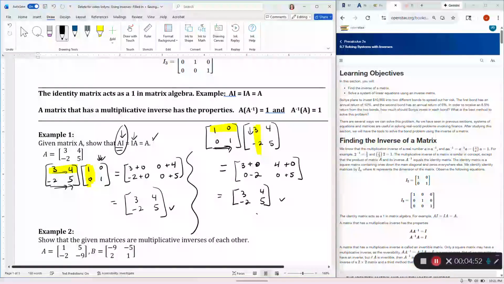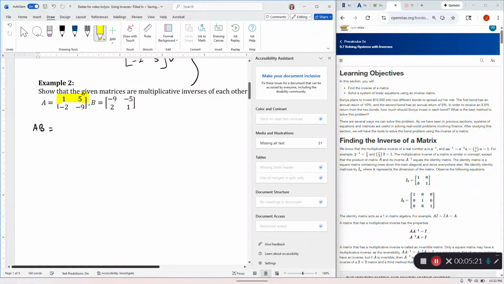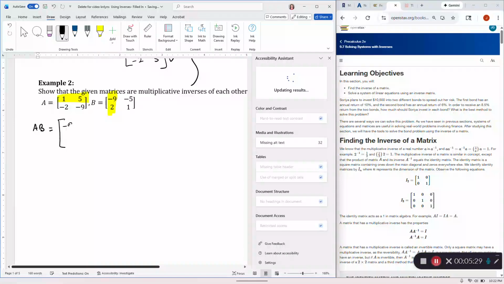So, okay, next, we're going to show that these two are inverses of each other. Now remember, a matrix times its inverse will result in the identity matrix, and it goes both ways. So first we'll do A times B. Row, column, -9 plus 10.